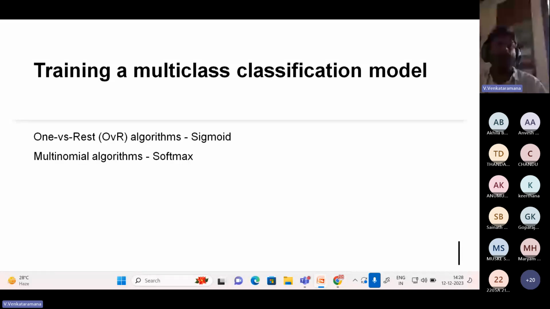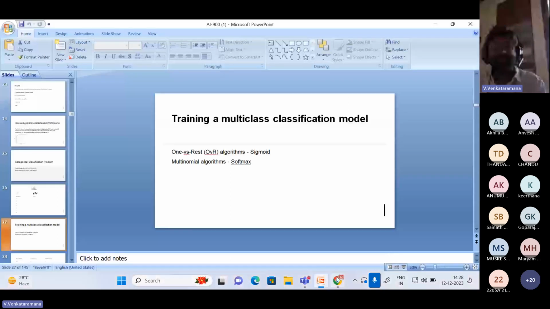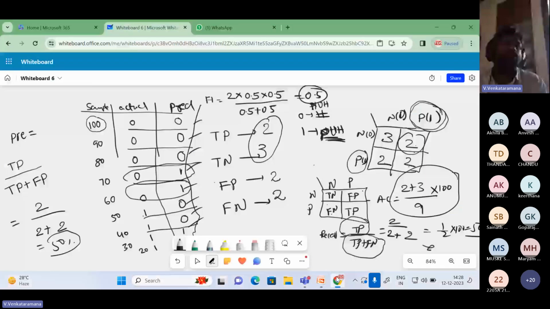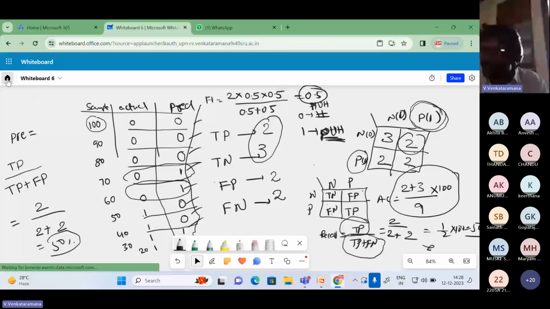Don't worry about these things because you may not get anything in the examination. But anyhow, I will try to simply explain what is meant by the sigmoid activation function and the softmax activation function.